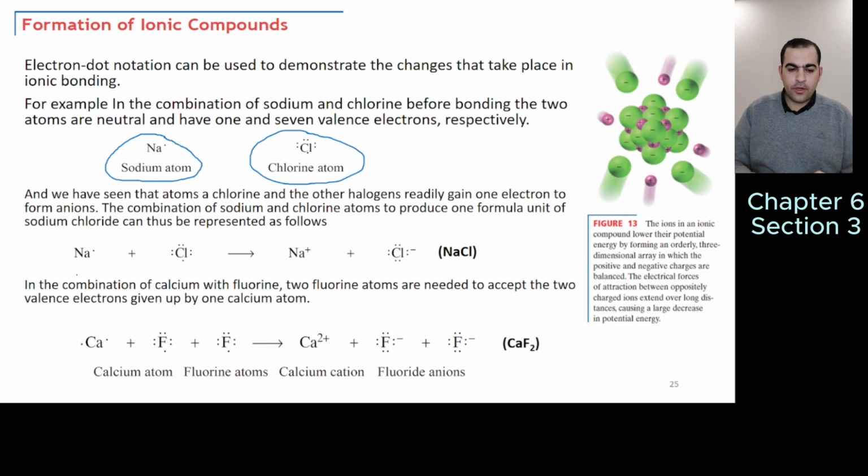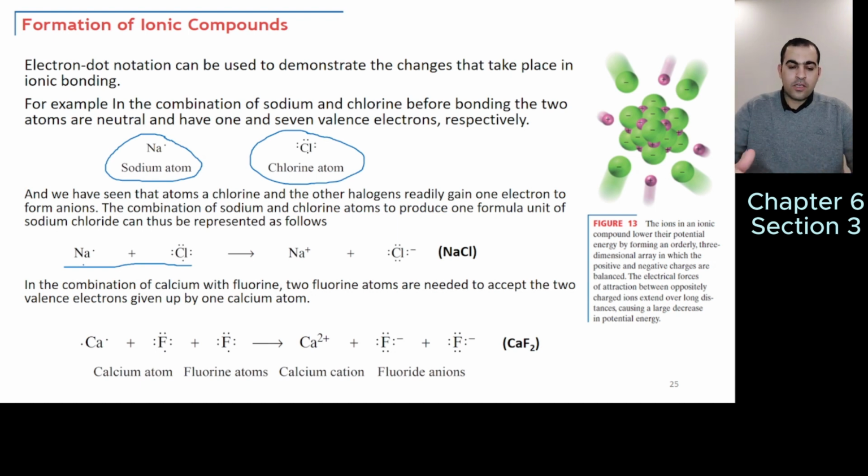When they get together, sodium is a metal, so it loses its valence electron. Sodium has 1 electron in the last shell, the 3rd shell, and the second shell contains 8 electrons. So if it loses that electron, it's going to have 8 valence electrons in the last shell.